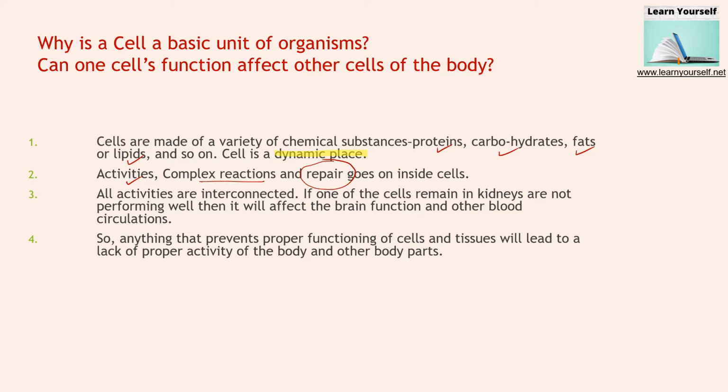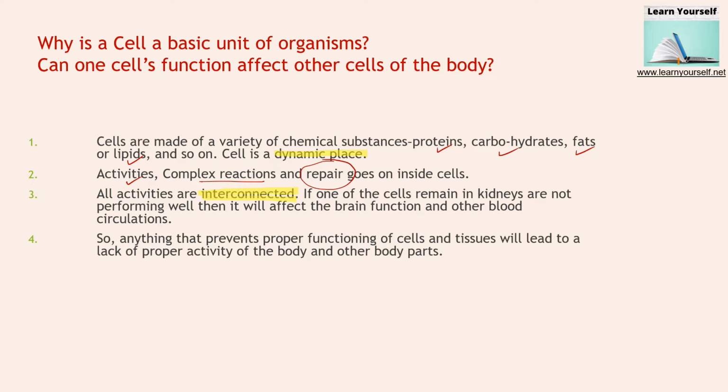But all these activities are interconnected. All these activities are interconnected means some cells are performing respiration work, some cells are performing digestion work. Now, if digestion is not happening properly, then it is definitely going to affect other parts of the body and it will restrict the function of the body parts.